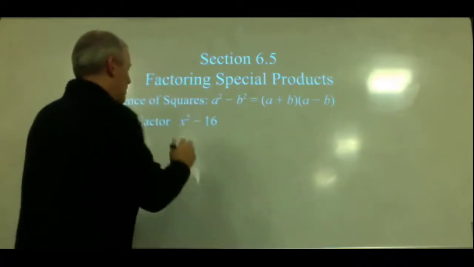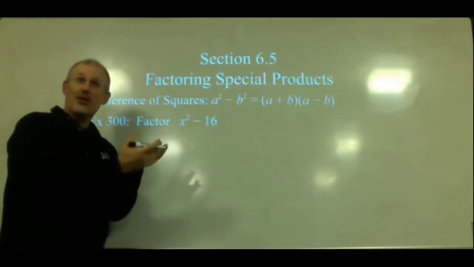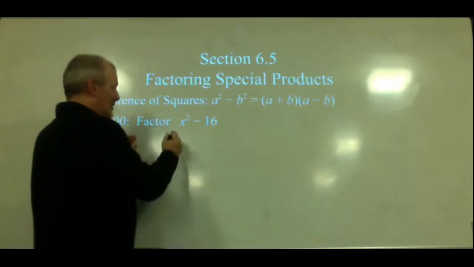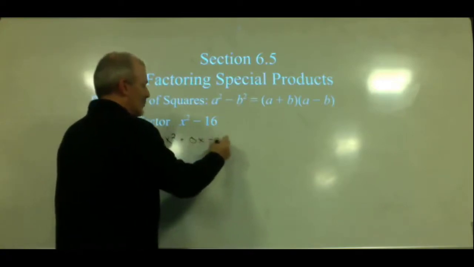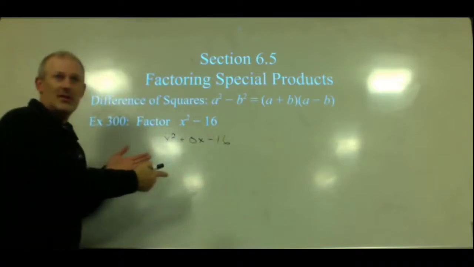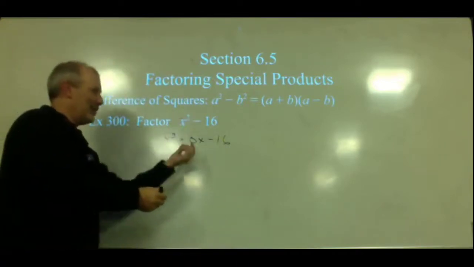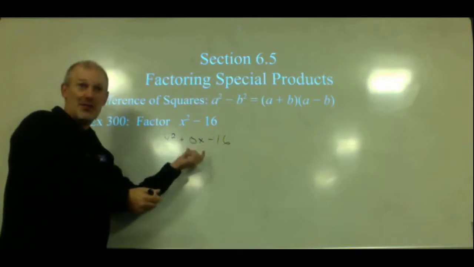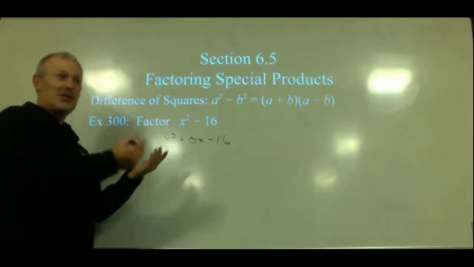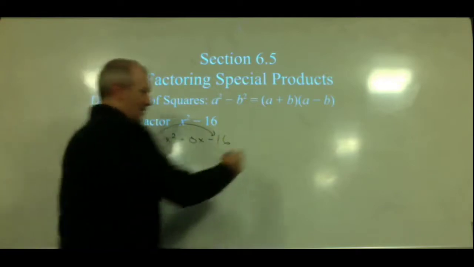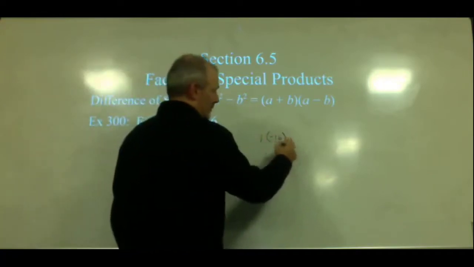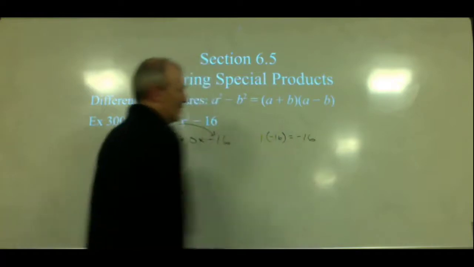Okay, so here's the deal. If we tried to do what we were doing before, do you notice that this is really x squared plus 0x minus 16? We don't have a middle term, so we don't write it, but if we had to write it, it would be a 0. And so using the method we have been doing, we would take 1 times negative 16, which is negative 16.